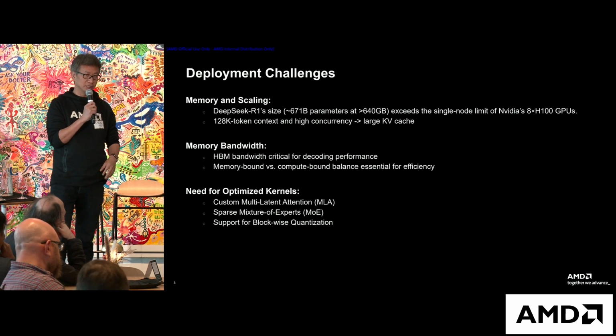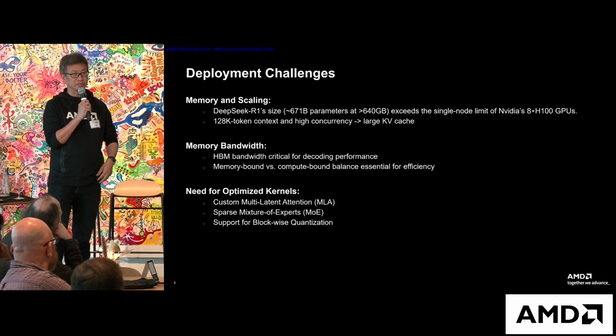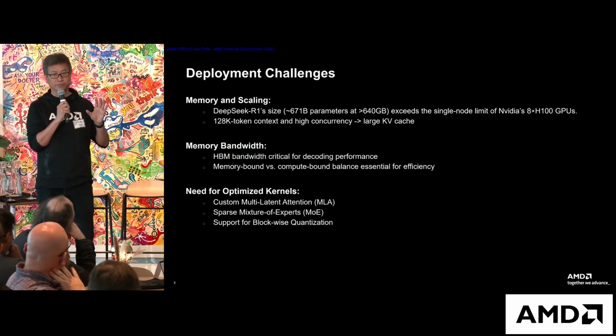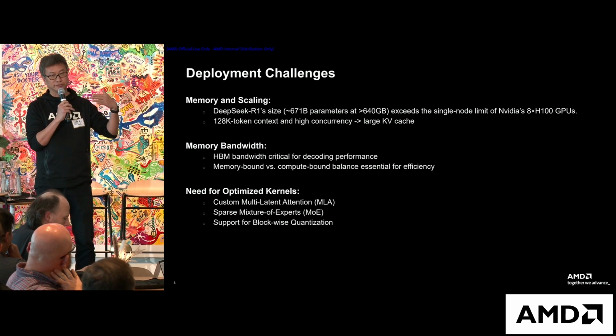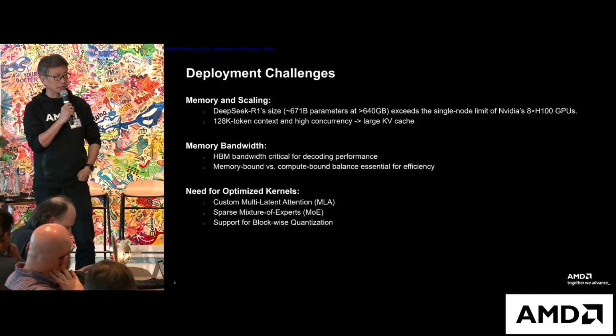In this case, the MI300 also has some advantage in terms of memory capacity as well as memory bandwidth, which is essential for decoding performance, because the decoding phase is more likely memory bound rather than compute bound.